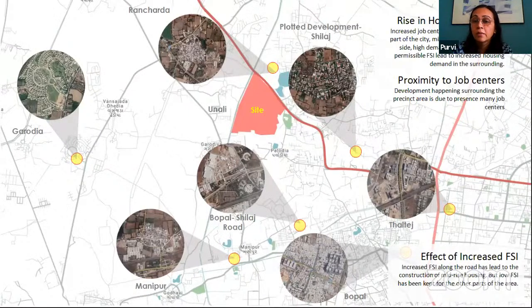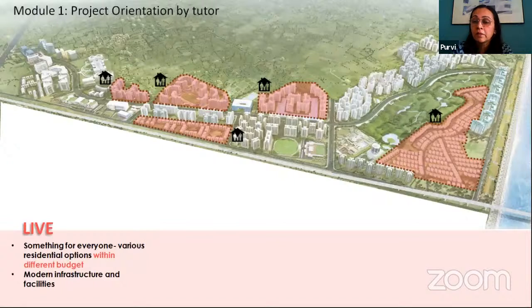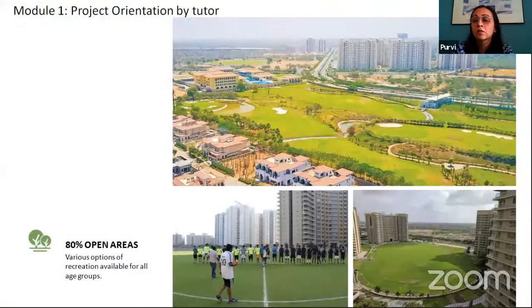The virtual tour by the tutor also covered a brief introduction of one township development at the fringe of the city, to trigger a discussion about what township living has to offer, the building typologies in such developments, and much more.